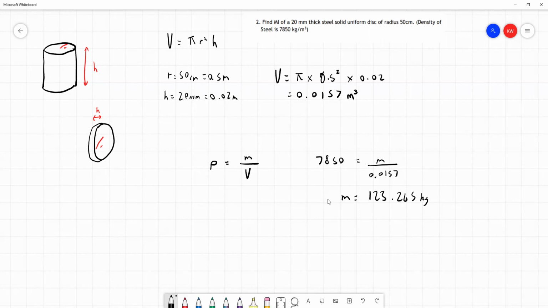Now, if you've been using the exact calculator value for your volume, you'll have a slightly different answer here. But again, this is only an intermediate answer in our working. It's not our final answer, which will be the moment of inertia. And so now we have the mass, which is what we were looking for. The two steps we've covered here, finding the volume and using that volume with the density to find the mass, are what we need to tackle a question like this.